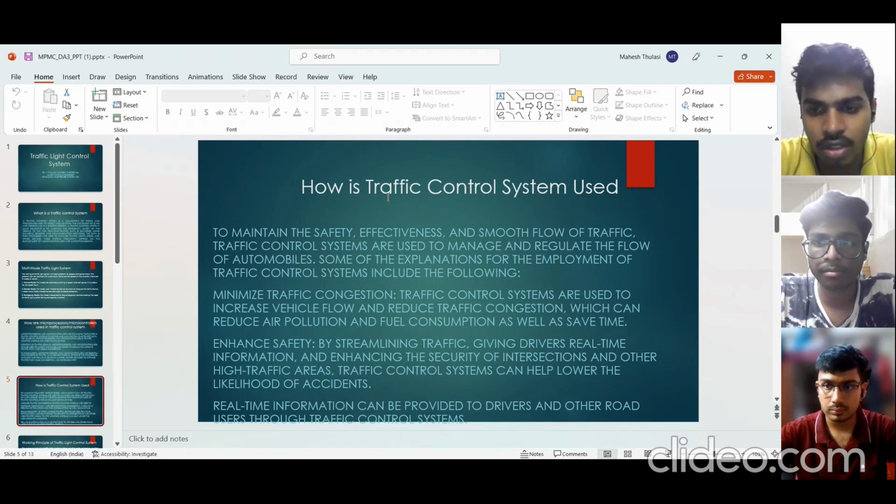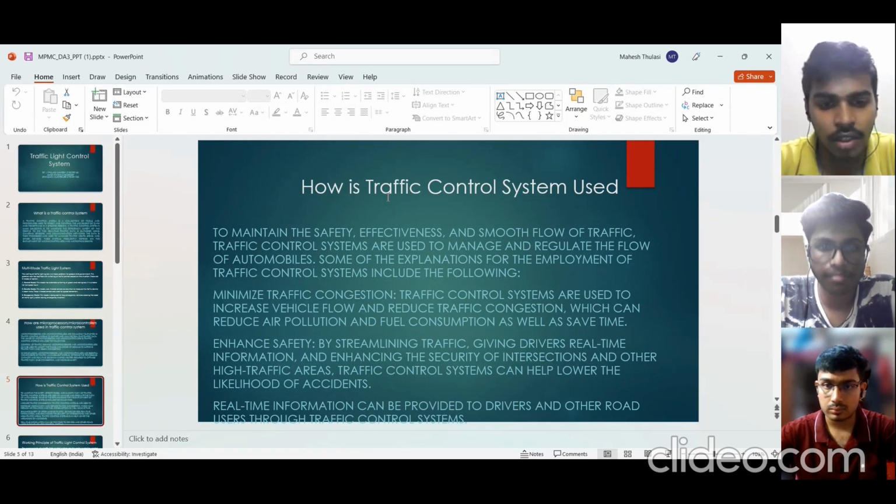Traffic control systems are used to increase vehicle flow and reduce traffic congestion, which can reduce air pollution and fuel consumption. Not only do we remove the congestion of automobiles, but by this we can reduce air pollution and fuel consumption as well, and even save more time.